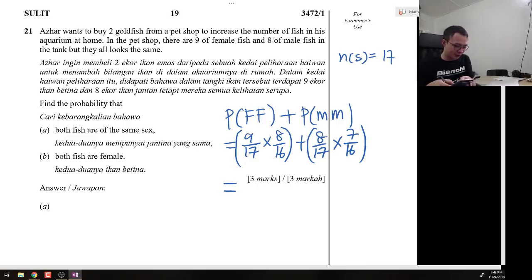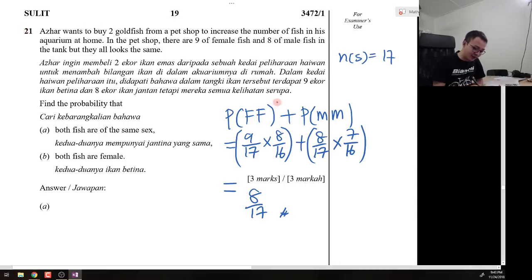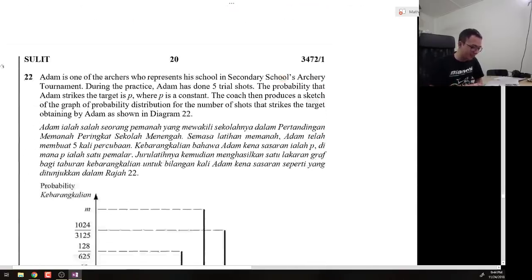So 72 over 17 times 16 plus 56 over 17 times 16. So the answer should be 8 over 17. Alright, and then both fish are female. Yeah, I'm curious why he repeats the question. If both fish are female over here, obviously they're asking about this thing only, right? So write this thing as your B answer. Alright? Yeah, easy.